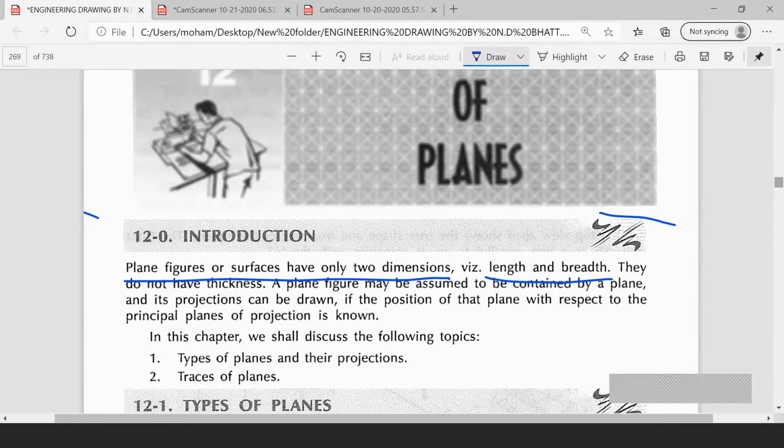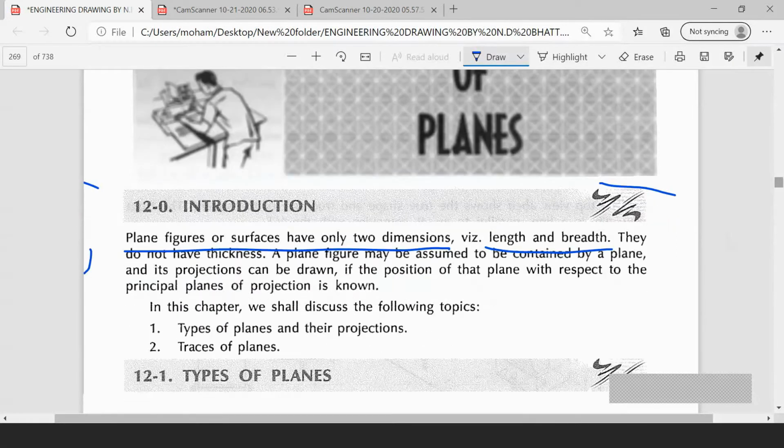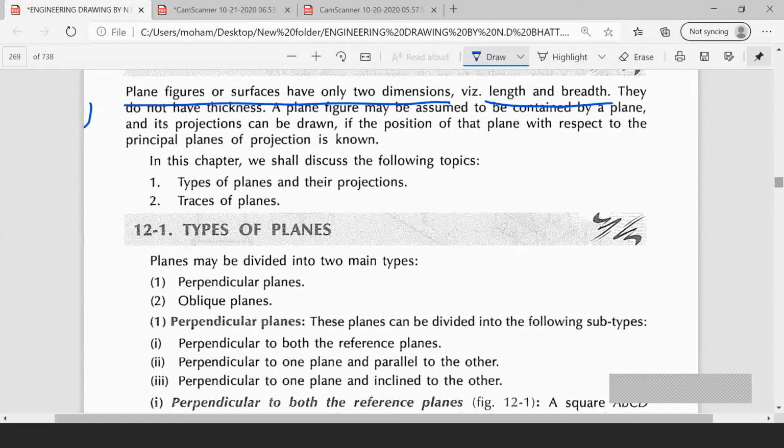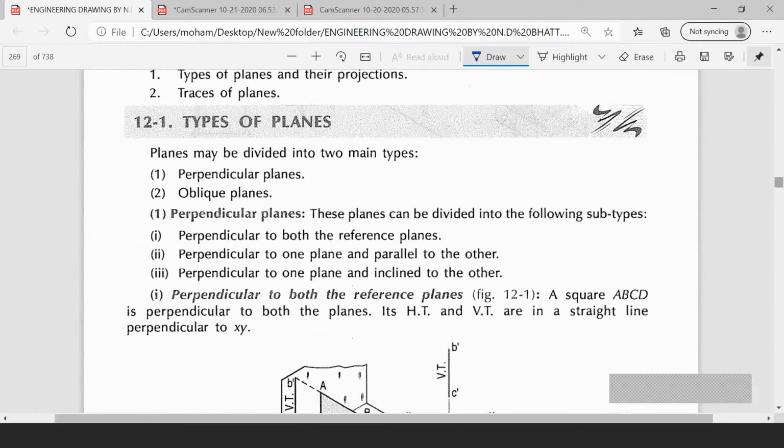If a circle is there, which has one dimension, that is a diameter. Circle and semicircle, they have a diameter. Types of planes and their projections. You have a perpendicular plane and oblique plane. Okay, perpendicular planes means perpendicular to both the reference planes, perpendicular to one plane and parallel to the other, perpendicular to one plane and inclined to the other.